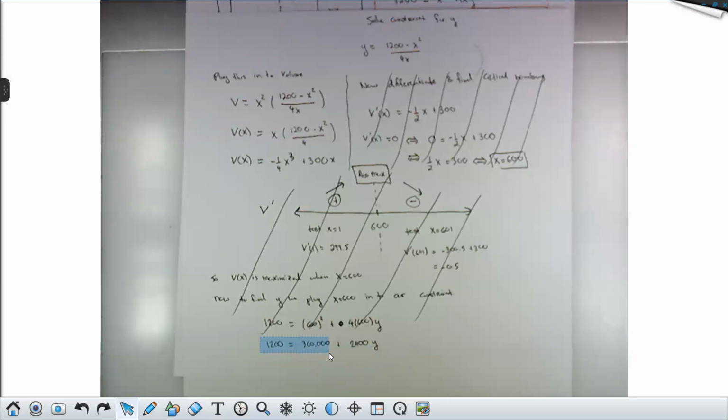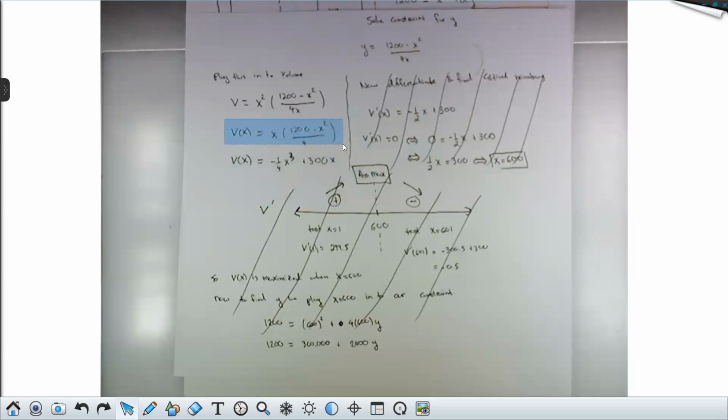Definitely, we subtract 360,000 from both sides here. This would be a negative number. You divide a negative number by a positive number, you get a negative number for y, which means that this 600 had to be wrong, right? If this 600 leads me to a negative y value, then the 600 had to be wrong. So we start looking back for a place where there's a mistake, and the mistake is right from here to here.